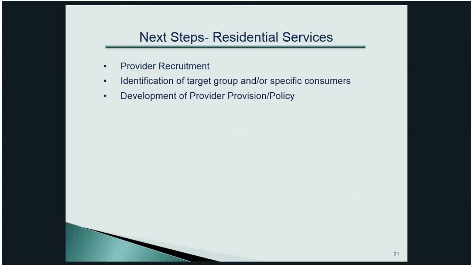If they're already living with a family member and the family member is already providing their care, they're a perfect scenario for a referral for structured family caregiving services. And then, of course, Misty and I are also working on the development of the provider provision agreement and the policy for staff.